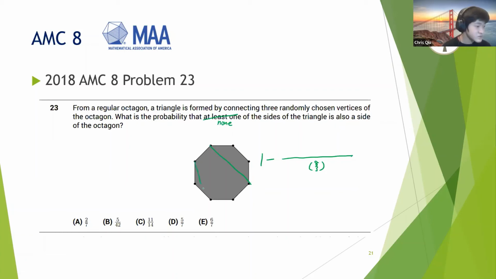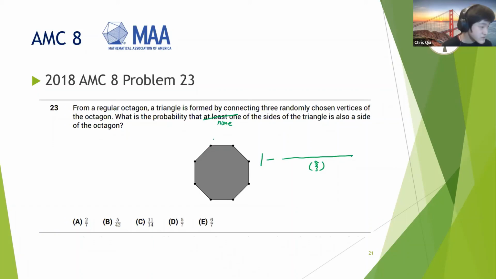And this edge cuts off 2 edges of the octagon. And lastly, this edge cuts off 4 edges of our octagon. So we can consider the number of edges of the regular octagon that each triangle side cuts off.